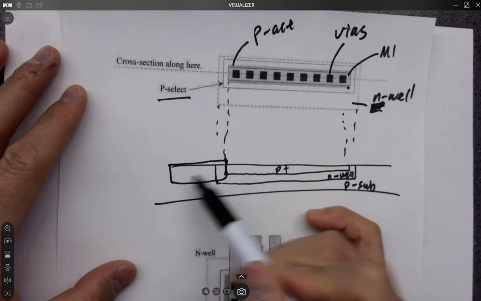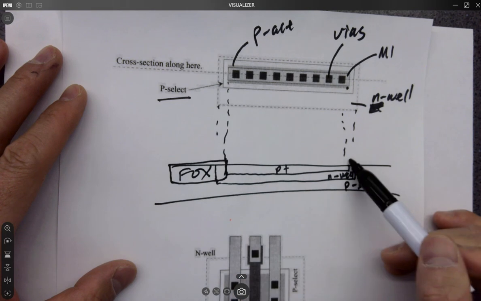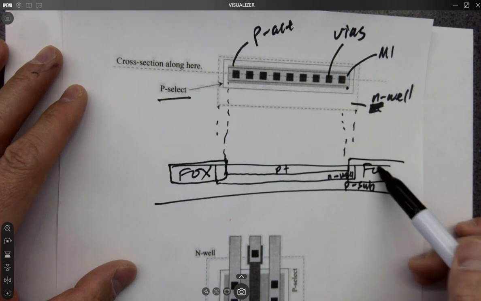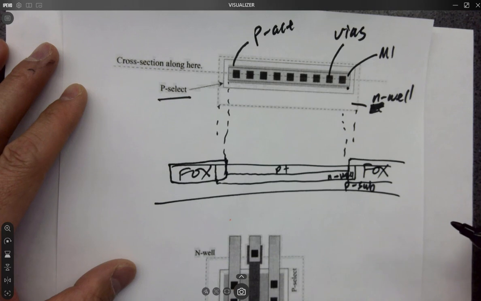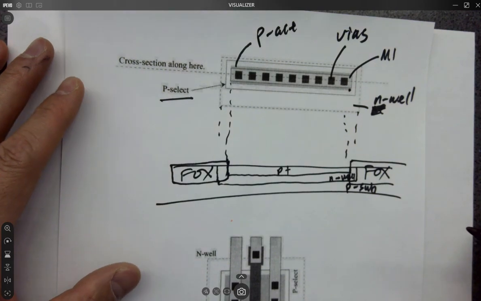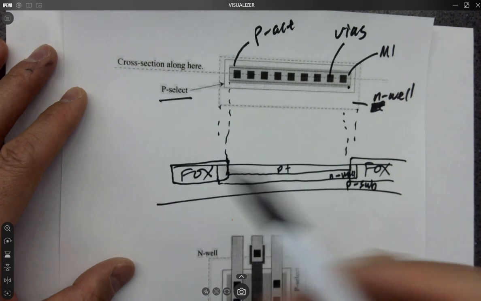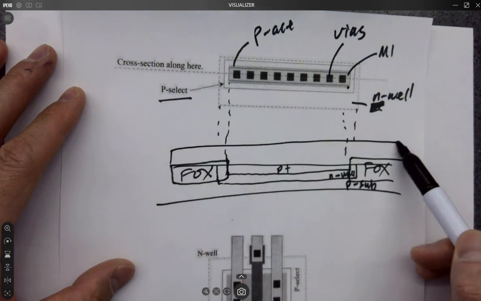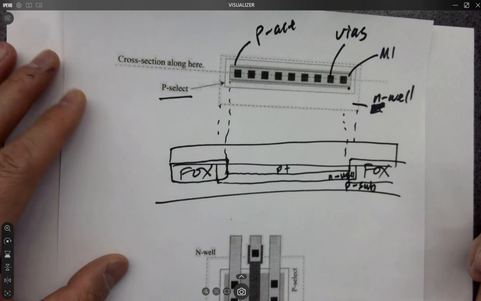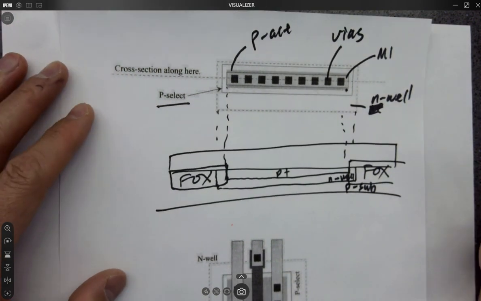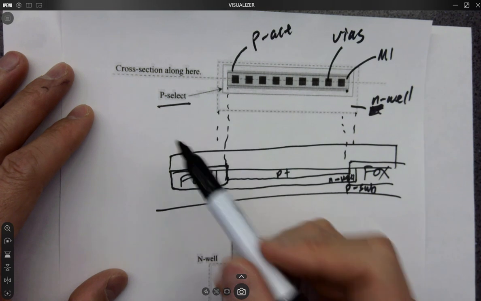So we need to draw flux over here. It should be flux. And then what? Poly. Do we have poly? Nope. So keep it empty. Nothing.